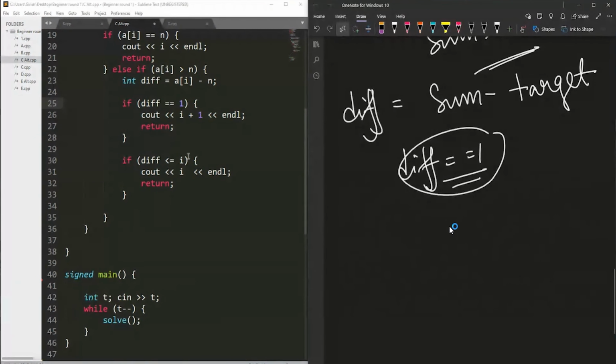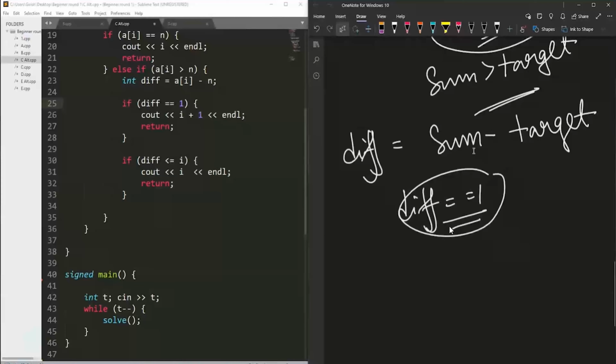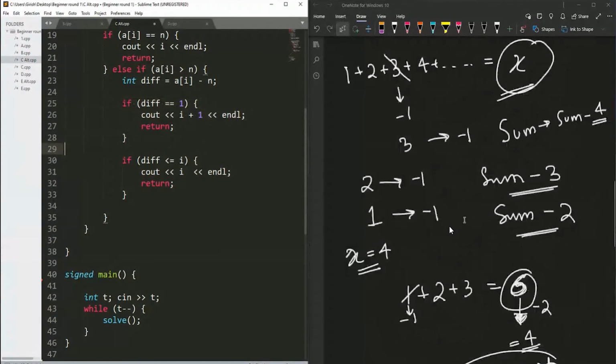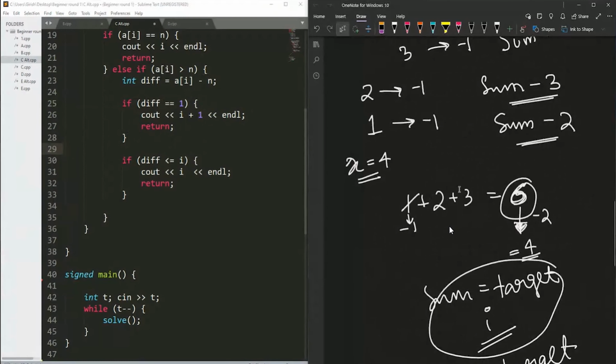And if my difference was greater than 1, I can just simply convert any one of the elements from the series, and that would give me the answer. So if my difference is equal to 1, I need to jump once more, otherwise i will be my answer.